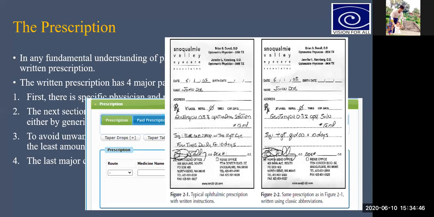However, traditional abbreviations are still commonly used and will continue to be used due to habit and patient preference. Moreover, chart notes are often written using the same abbreviations. All physicians and technicians should be well versed in these abbreviations. A list of the more common abbreviations I'll be showing in the coming slide.